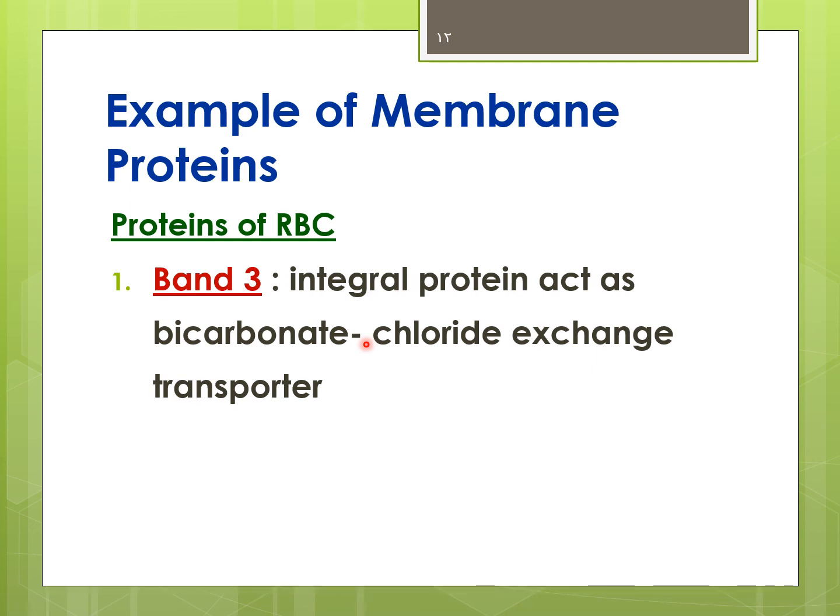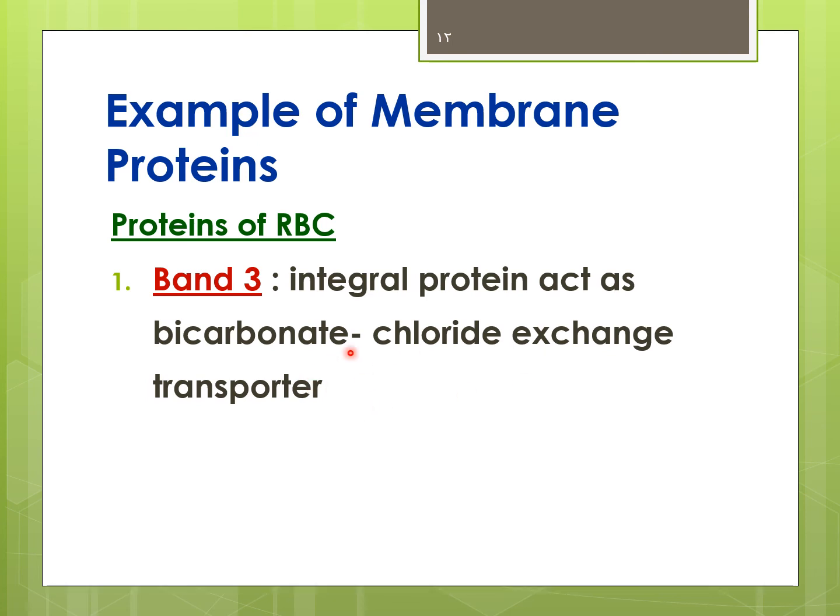While CO2, to be carried, should first be converted into bicarbonate. So in the peripheral tissues, RBCs are loaded with bicarbonate, and they take it to the lung, where it is exported to the alveolar air space to be exchanged.